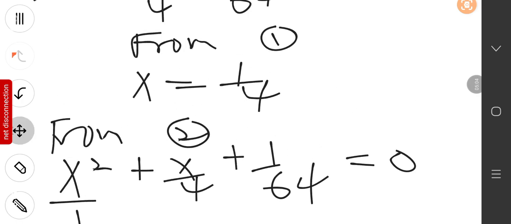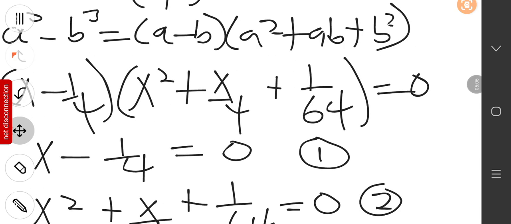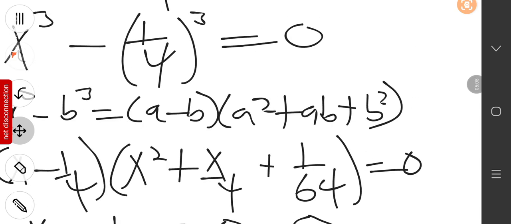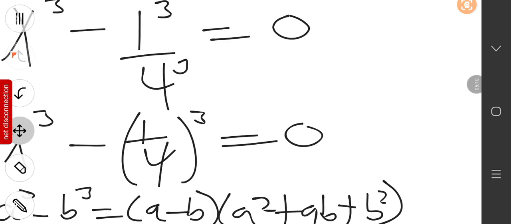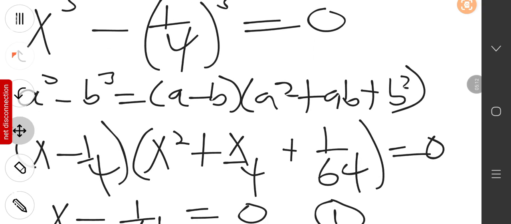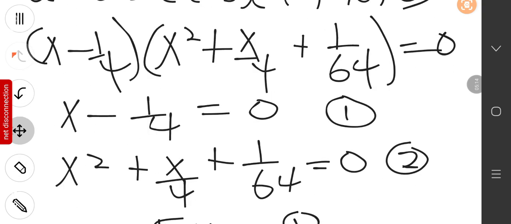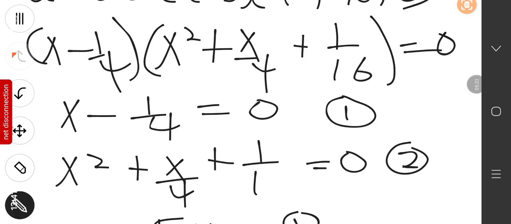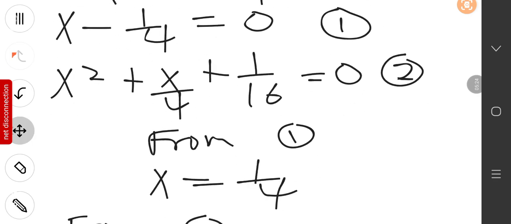Now let's do some corrections here. 1 over 4 squared gives us 1 over 16 instead, so this is 16. So let's do the corrections.